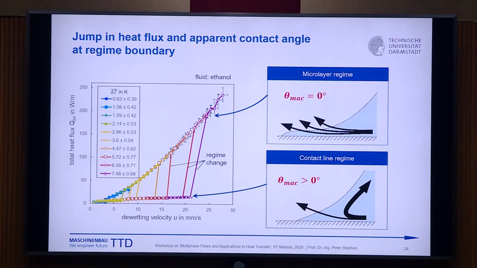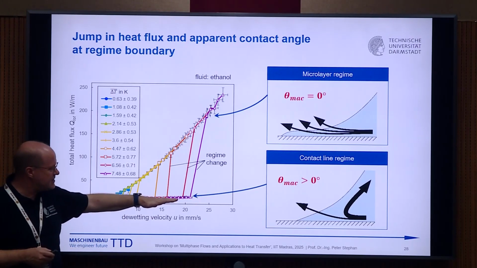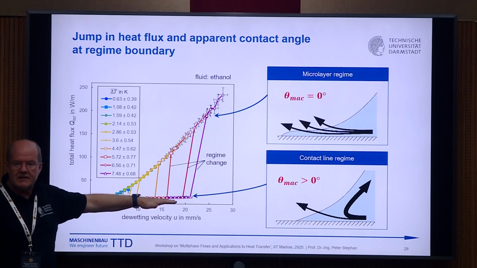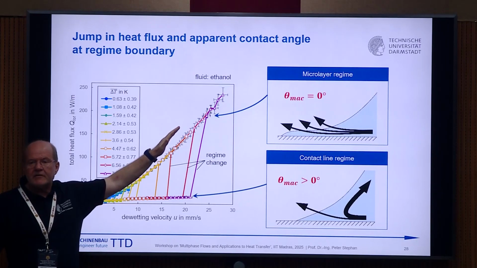Interestingly, if you quantify the total heat flux at this heated plate versus the dewetting velocity, you see here different delta T's, the low delta T regime and the higher delta T regime. The higher the delta T, the higher the dewetting velocity can be. This is the typical curve for the contact line evaporation regime, and this is the typical curve for the microlayer regime.